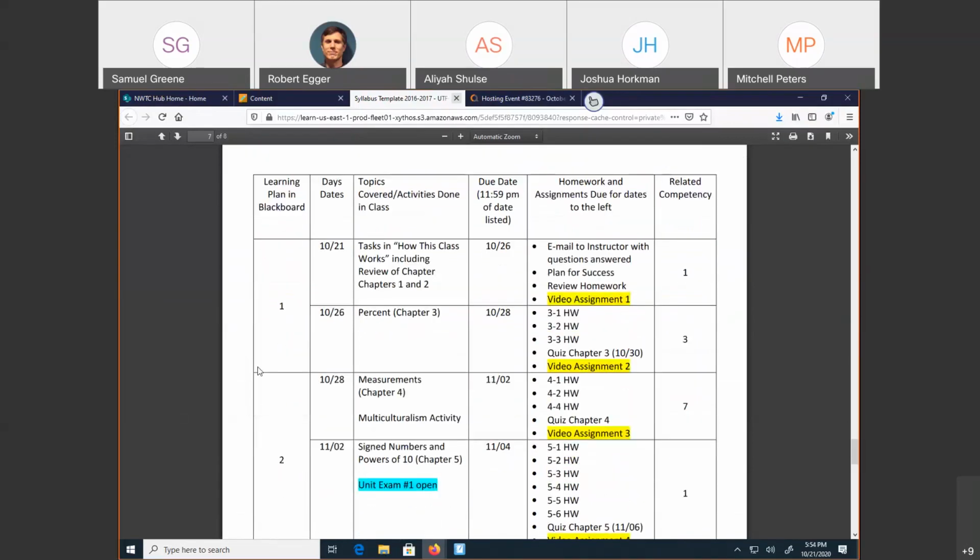So here's what we got. Today, the 21st: how this class works, and we're going to review chapters 1 and 2 and some MyMathLab entering answers. That's today, the 21st.